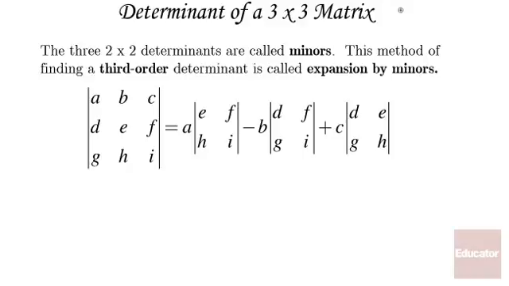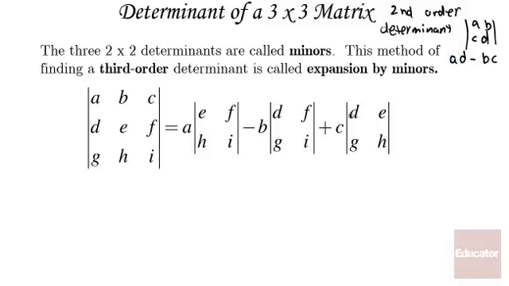We already talked about finding a second order determinant. If you had one that was A, B, C, D, you find that by taking AD and then subtracting the product BC from it. So if I can get these into second order determinants, then it's pretty easy to work with.